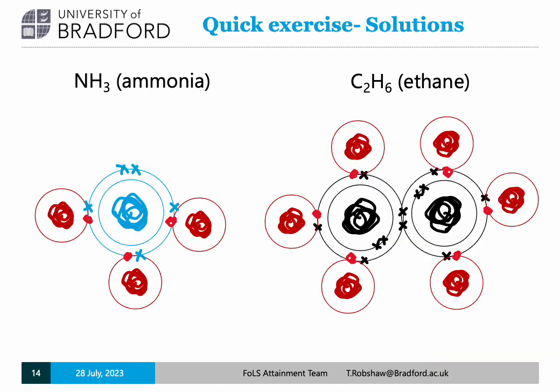So here are the solutions to that quick exercise. Have a look at what we've got on the screen here and check that that corresponds to what you drew, what you came up with. If it doesn't match, take a moment to digest this slide and understand where you went wrong.